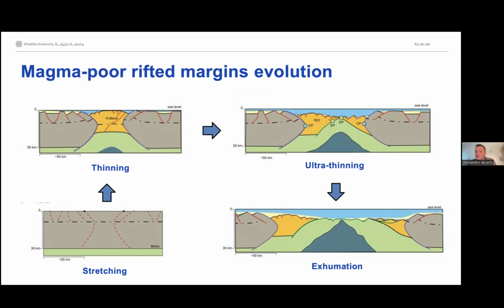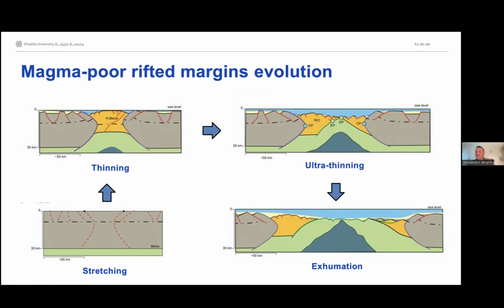The successive evolution of the margin brought a split of this block, okay? And the onset of a very peculiar kind of fault, which are low-angle normal faults or detachment faults. So in this dynamics, you see that you pass from a symmetric system on your left side into an asymmetric system.